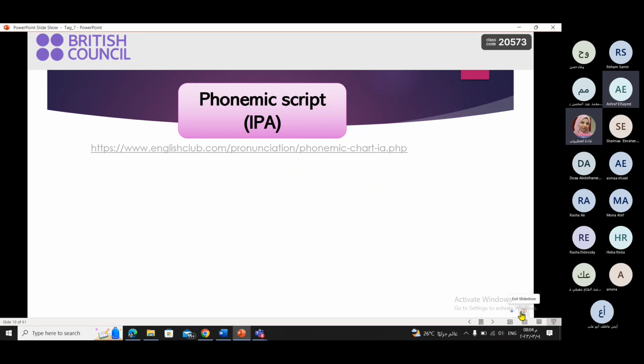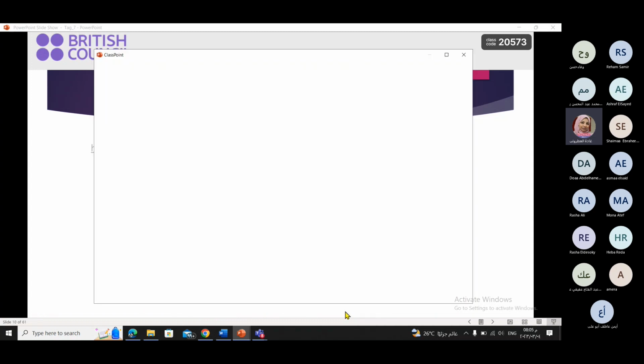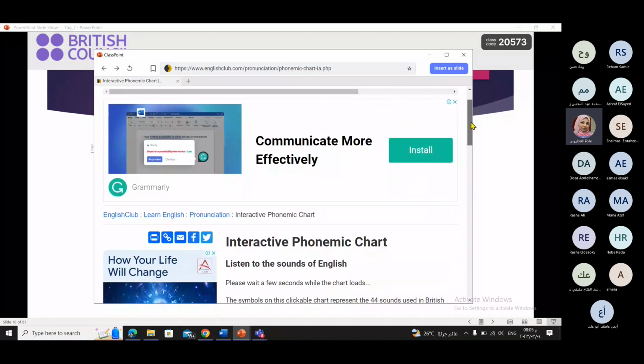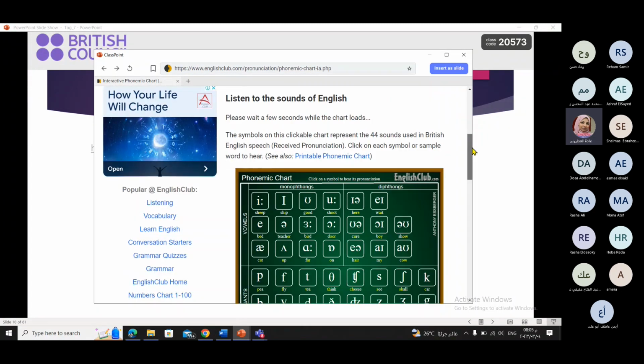Yes, go ahead, please. It's vowel and consonant sounds. It's the sounds, either vowel sounds or consonant sounds. Okay, this is the phonemic script. Let me show you something here, which is an interactive phonemic chart.